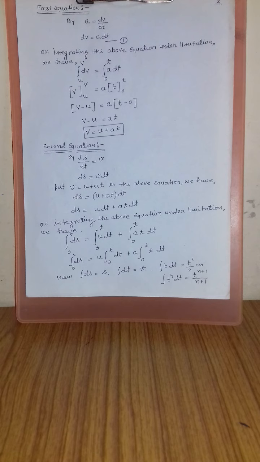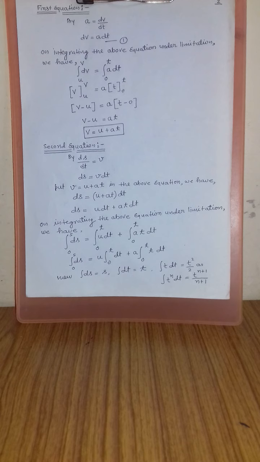Now on integrating the above equation under limitation. Under limitation means limits for change in velocity would be u to v, and for time interval dt would be 0 to t. So you can see in the diagram, integration from u to v of dv is equal to integration from 0 to t of a dt.